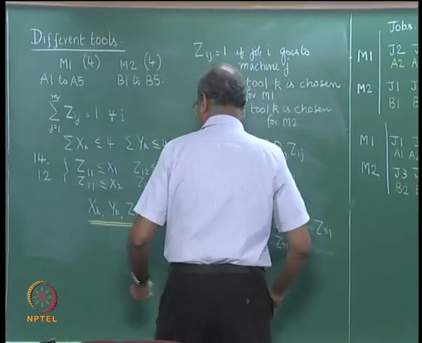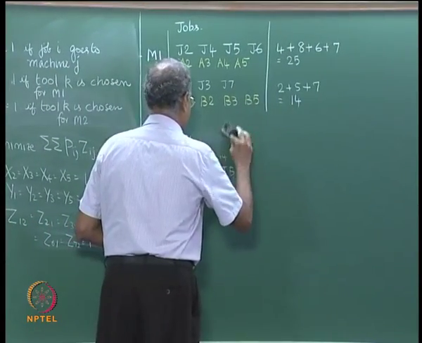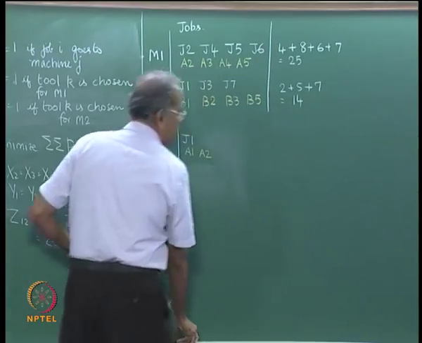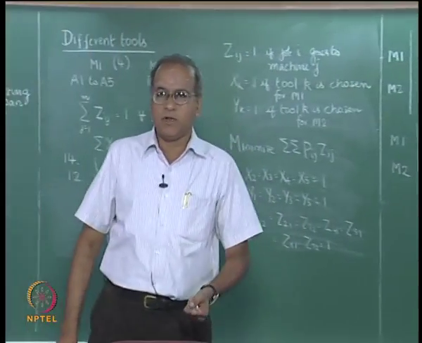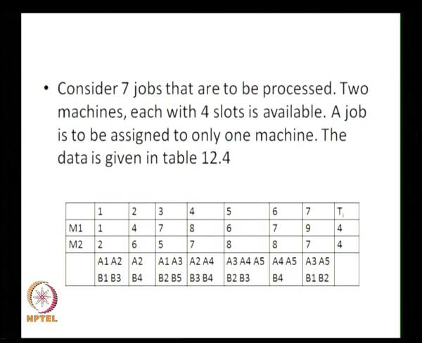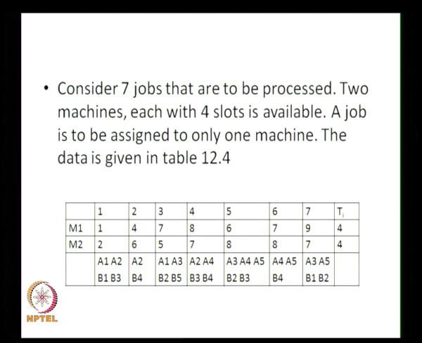So, we allocate J1 to M1, tools A1 and A2 go to M1. J2 also goes to M1 because the tool is already available and minimum processing time.